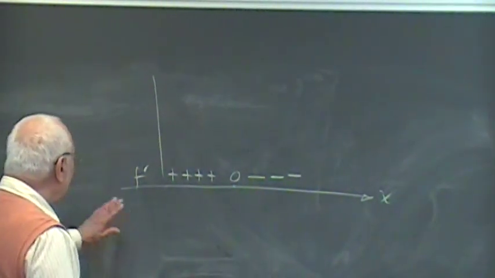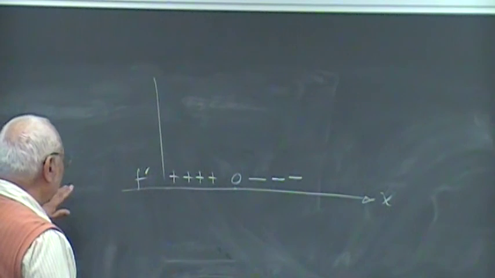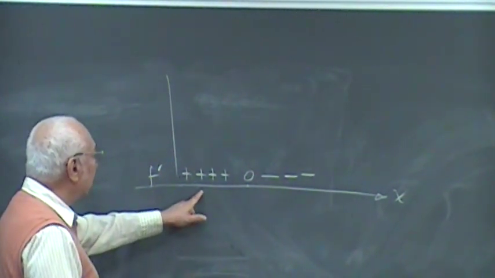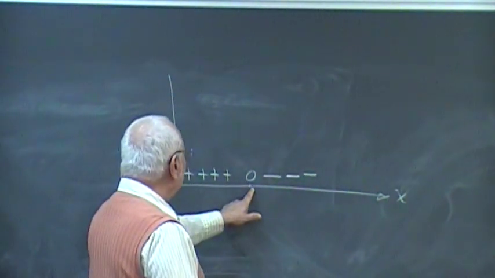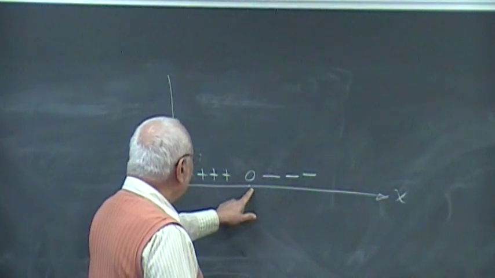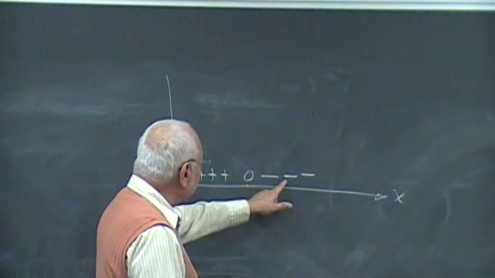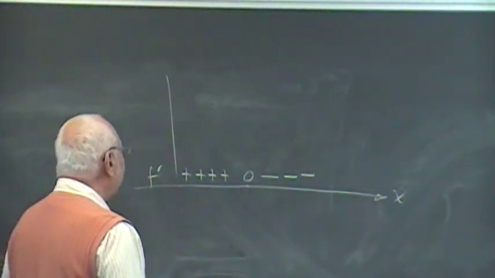So if you recall, we determined that where the derivative is positive, greater than 0, that means the graph of the original function is increasing. Where the derivative is equal to 0, that means the graph of the function has a horizontal slope. And on the other side, if it's negative, that means the graph of the original function is decreasing.